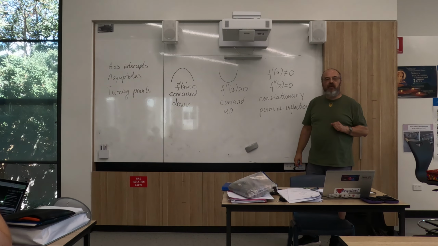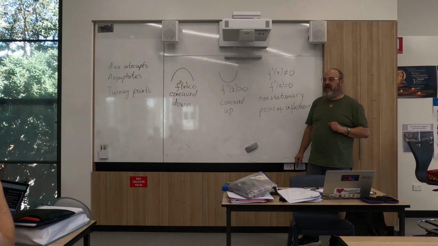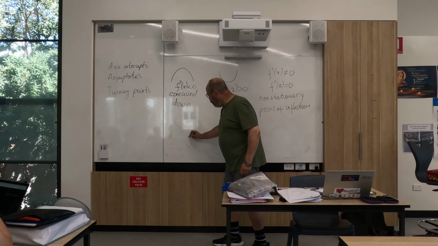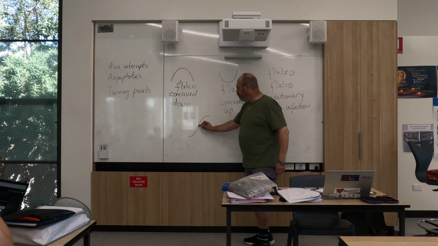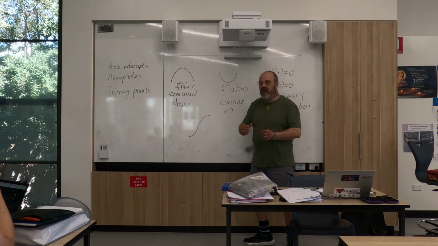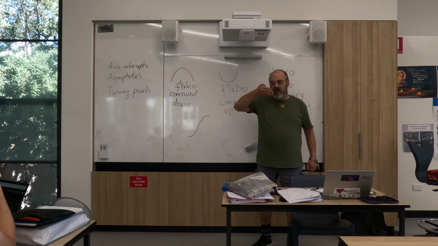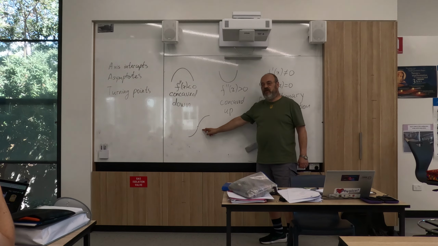What does non-stationary point of inflection mean? The function turns from being concave up to concave down. So the function goes like this, and then starts going like this. That point will be a non-stationary point of inflection.